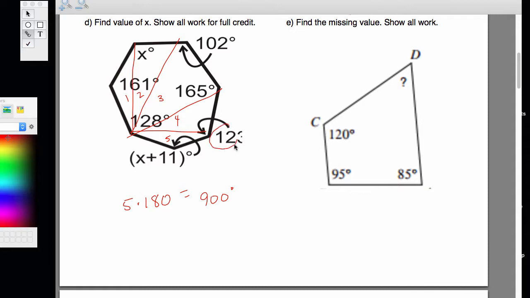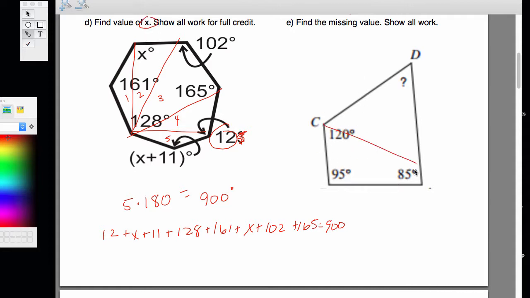So all of my angles, which on your quiz says 12, so I have 12 plus x plus 11 plus 128 plus 161 plus x plus 102 plus 165. All those together equal my 900. So you can solve that equation: simplify it, solve it. That's going to give you your variable, and it just asks you to find x, so that's what you're going to do.